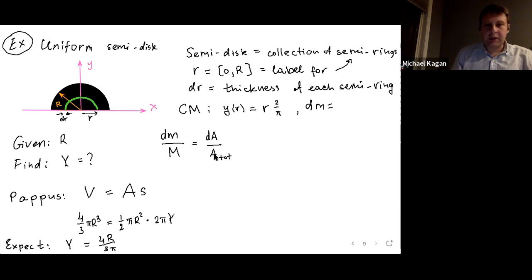Okay, now let's just plug and check. What is big M? Well, we keep the big M, right? We just need to find this ratio. What is this dA, the green area? If it looks like you haven't seen this idea before, let me explain. Think of this as a bent rectangle.